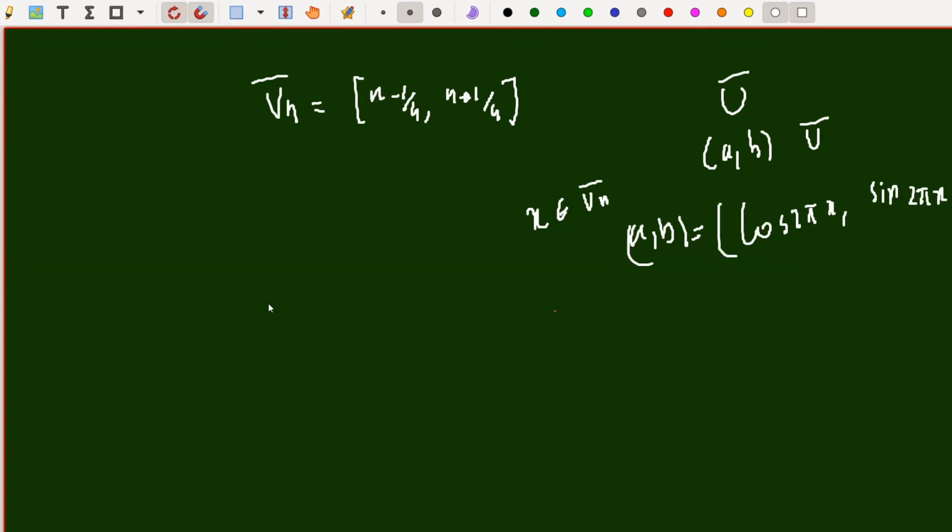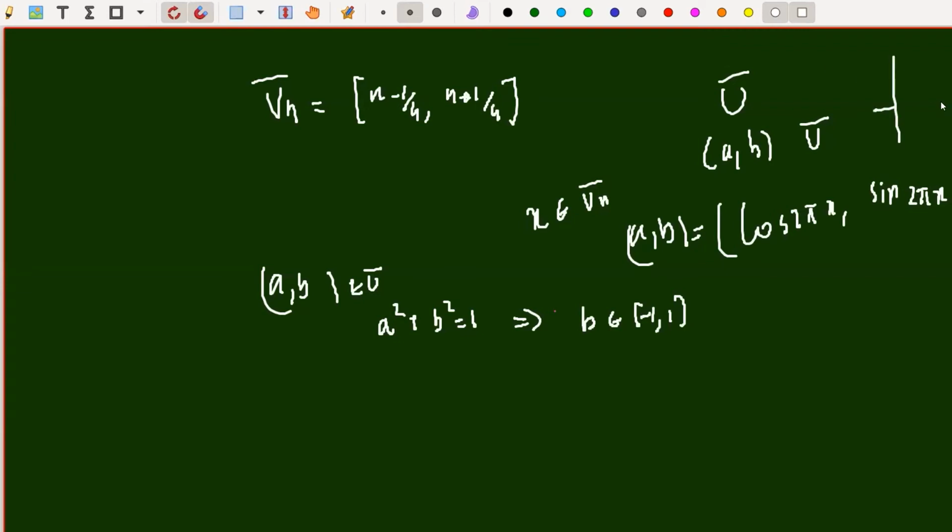Now, how will we show that? AB is in U bar, so it belongs to the circle. So we know that a square plus b square equals 1, which shows that b belongs to minus 1 comma 1. U is this semicircle, and here the second coordinate goes from minus 1 to 1.